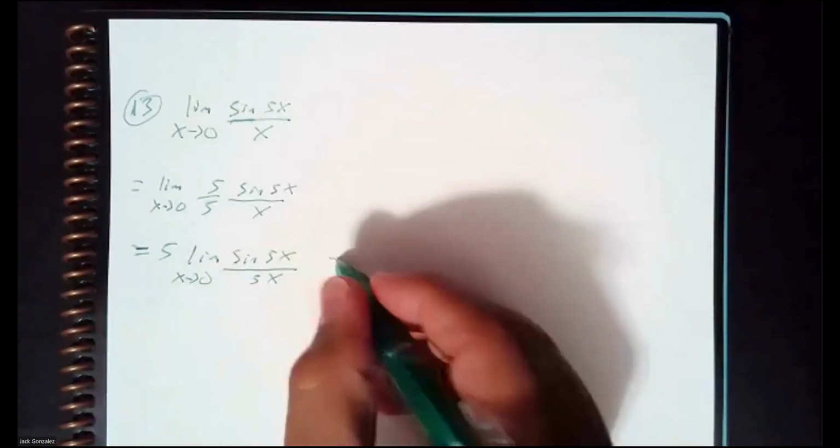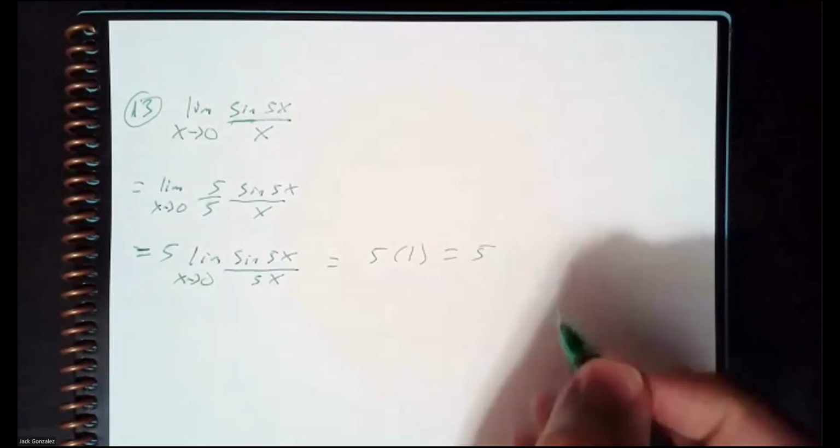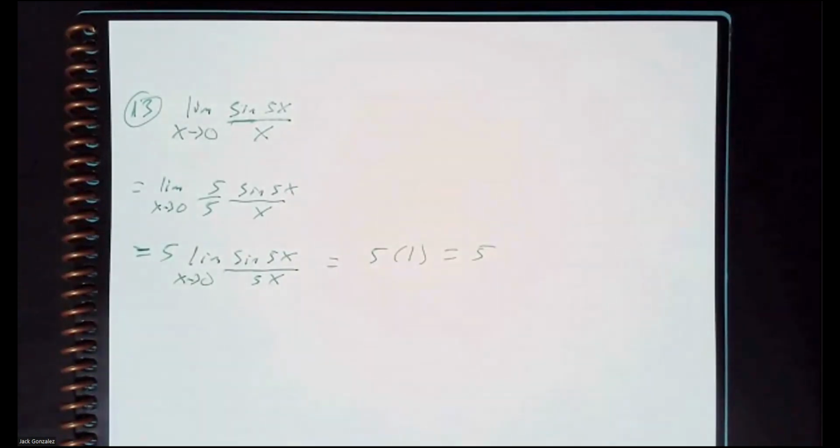And now it matches. So this part will go to 1, the limit. 1 times 5 is 5. Nothing too crazy there, right? Does it make sense?